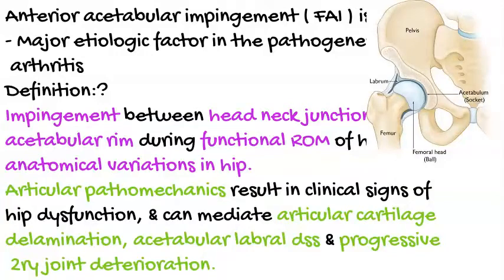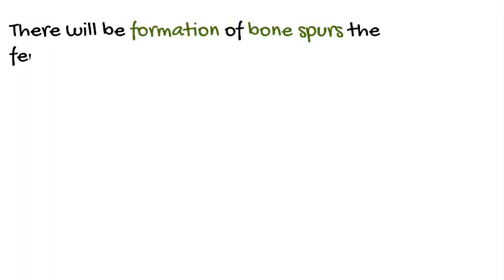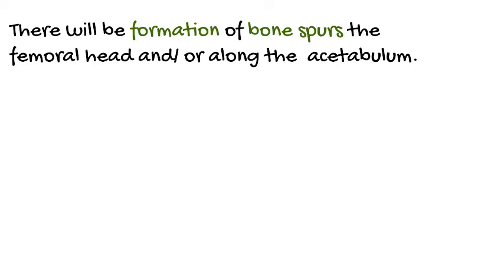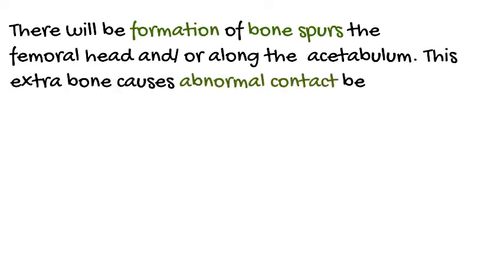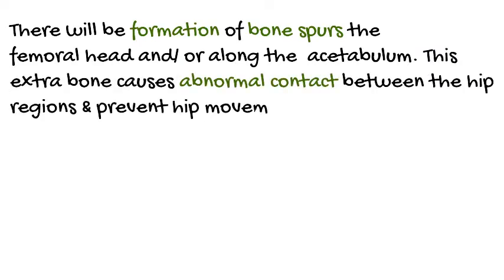Articular pathomechanics result in clinical signs of hip dysfunction and can mediate articular cartilage delamination, acetabular labral disease, and progressive secondary joint deterioration. There will be a formation of bone spurs around the femoral head and/or along the acetabulum.